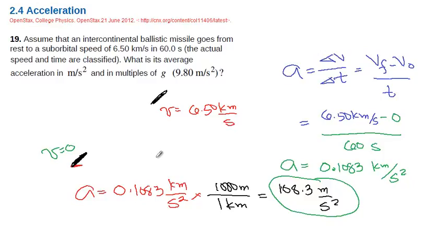Now, if we solve in terms of multiples of g, what do you mean by multiples of g? So that a is the same as 108.3 meters per second squared times, and we know that 1g, one acceleration due to gravity, is just 9.80 meters per second squared.